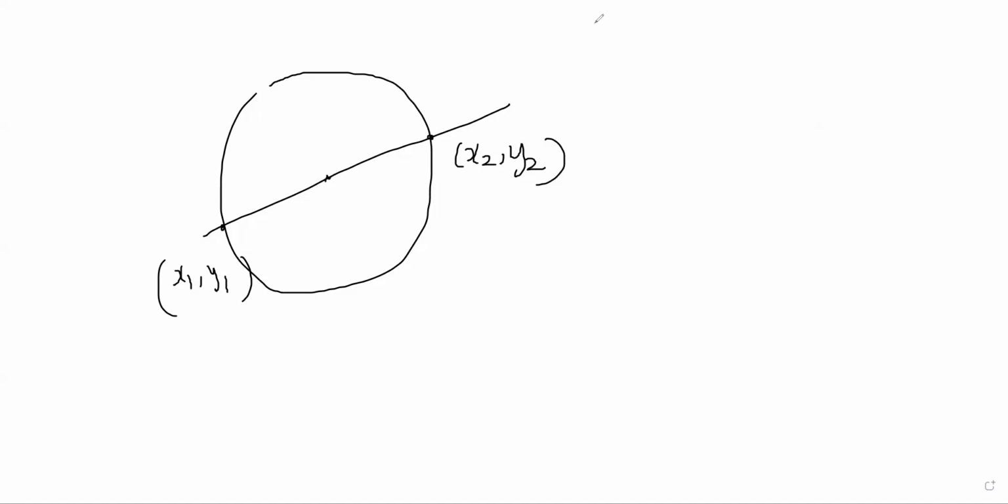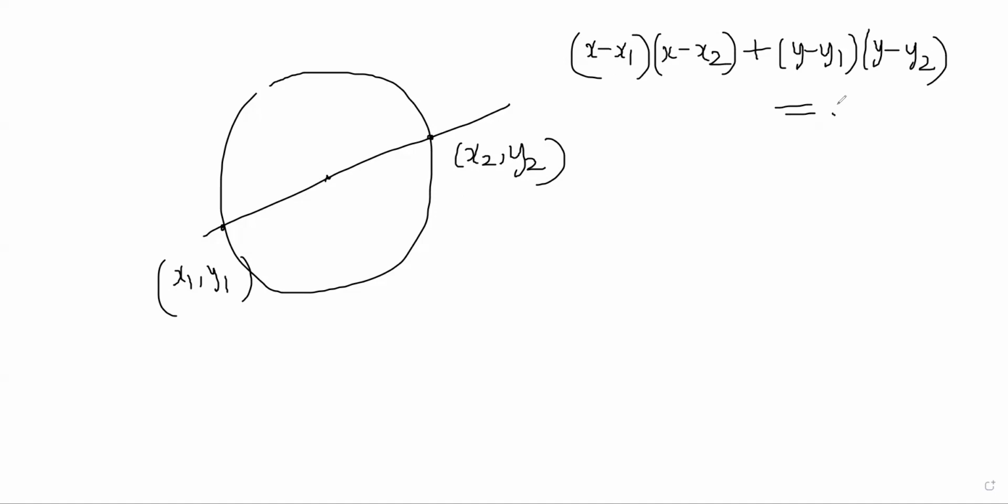Sir, it is x minus x1 into x minus x2 plus y minus y1 into y minus y2 equals 0. Why is this correct?